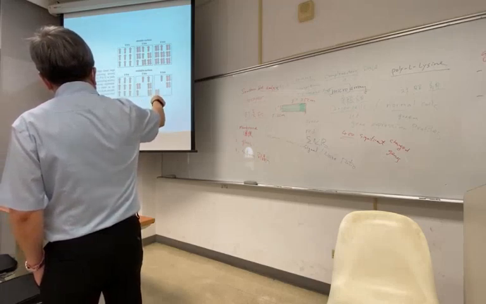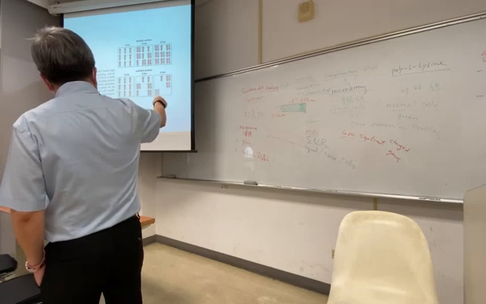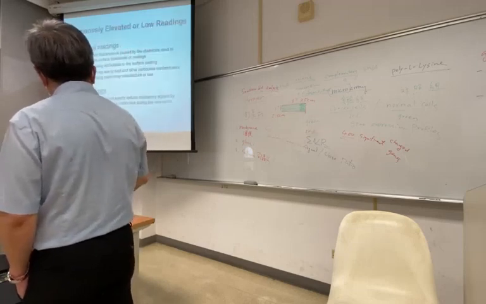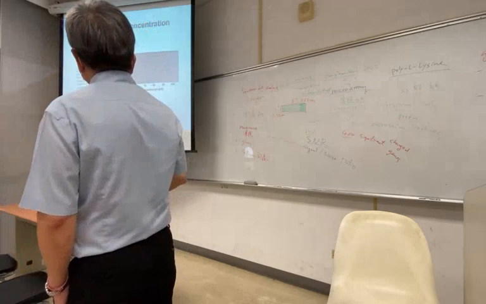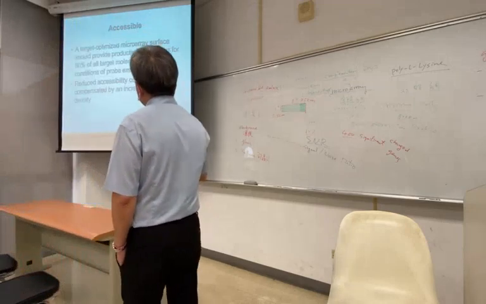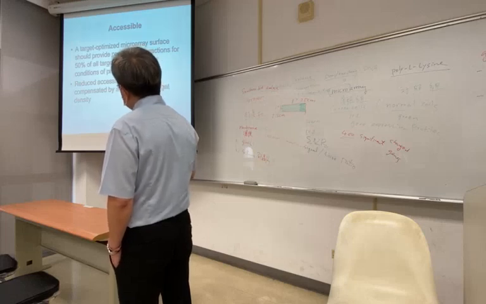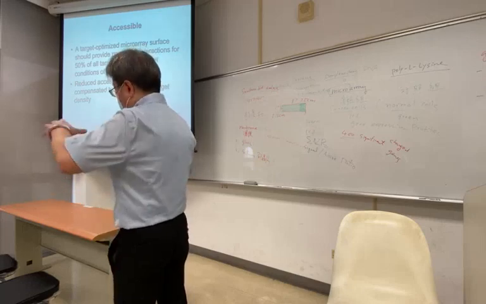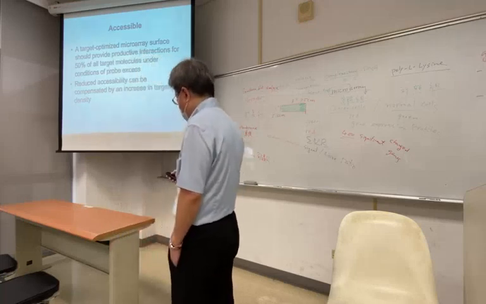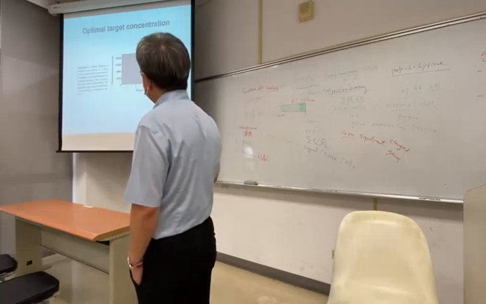This needs to be tested here. You want to make sure the reduced accessibility can be compensated. Again, this is how you judge how you prepare your slide. So I think it's quite straightforward.